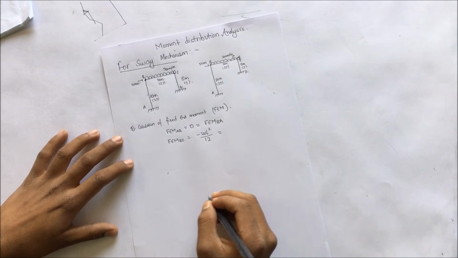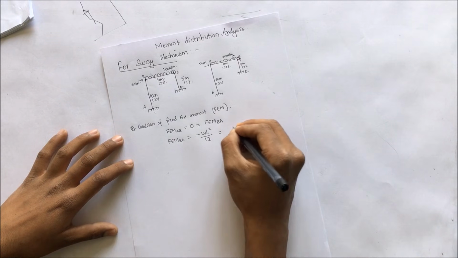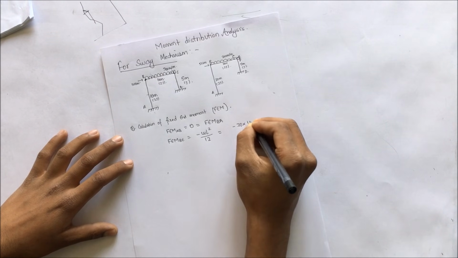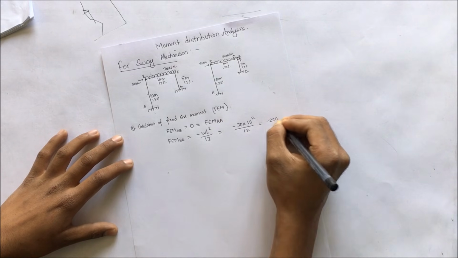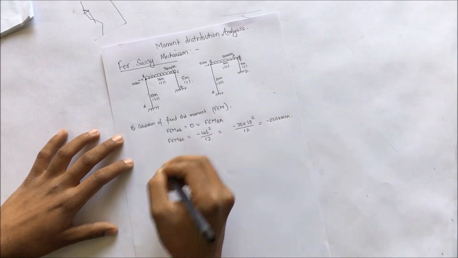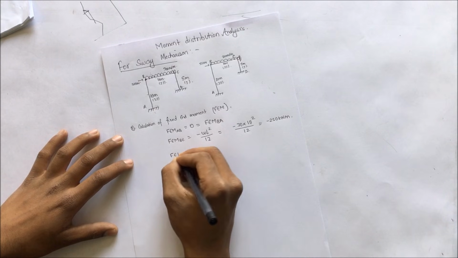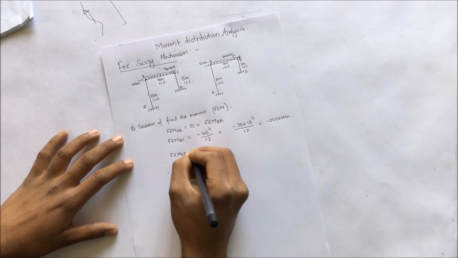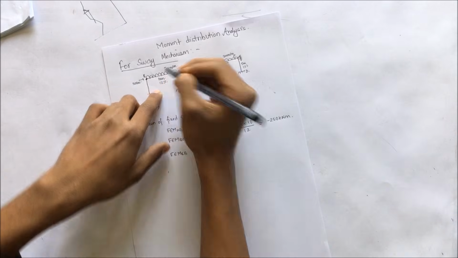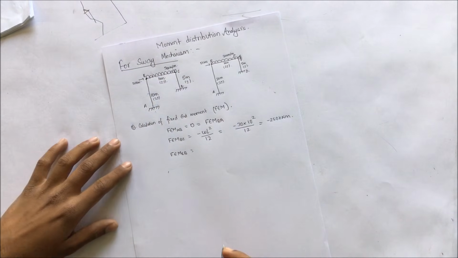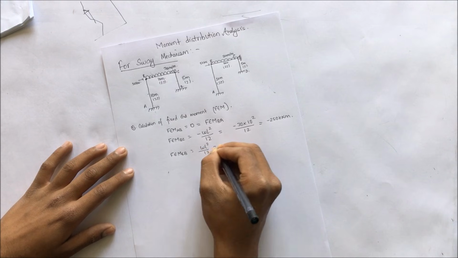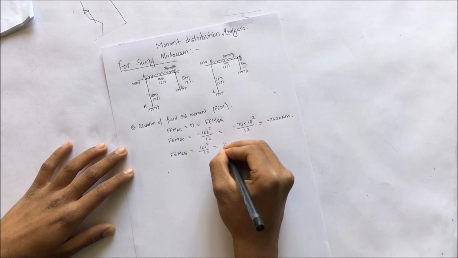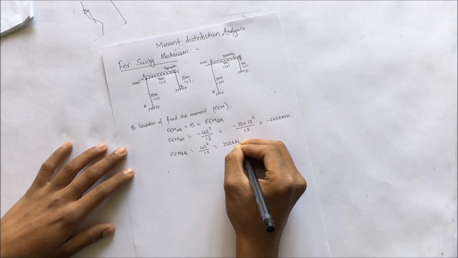On calculation, we get minus 30 into 10 square by 12 is equal to minus 250 kilonewton meter. FEM BCB. Now this load will act clockwise, so it induces moment clockwise, and it will be equal to the magnitude of BC, but the sign will be different.